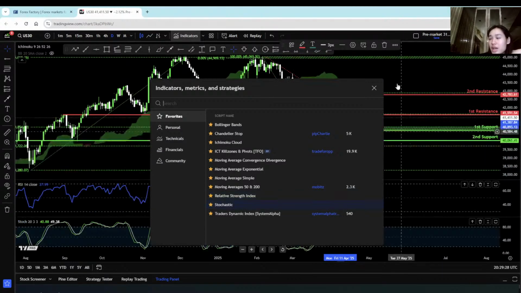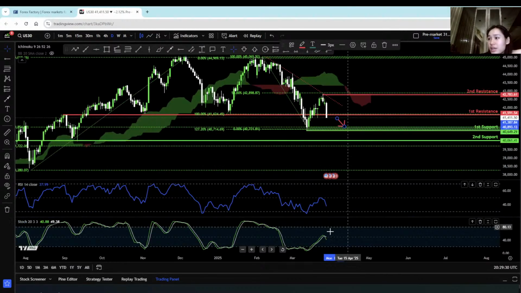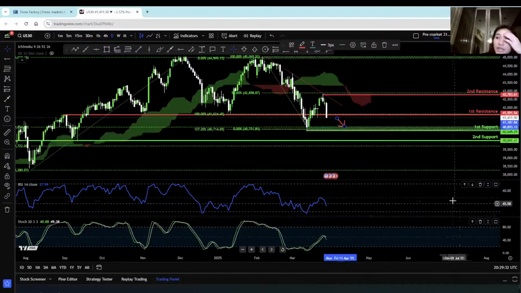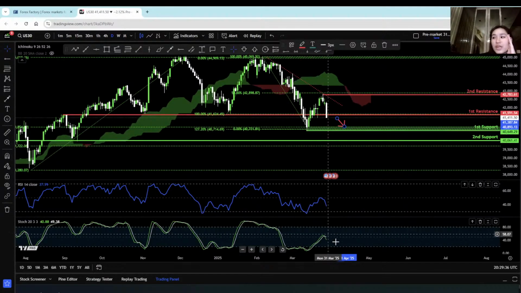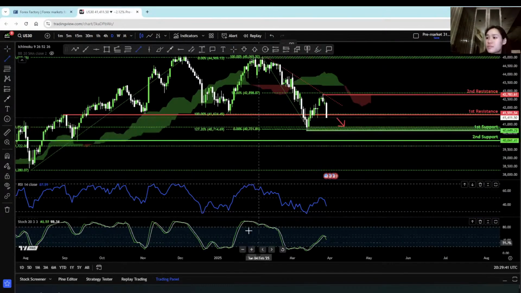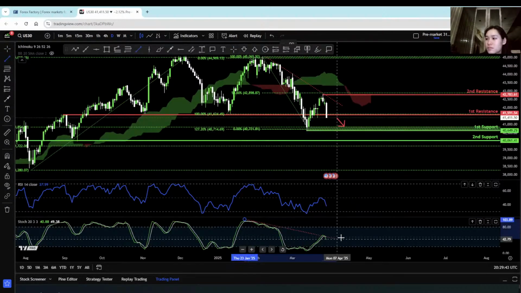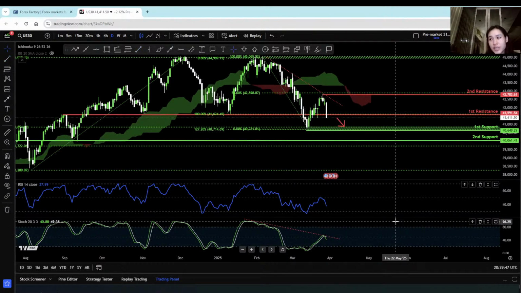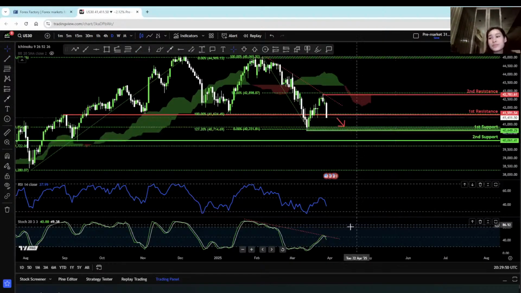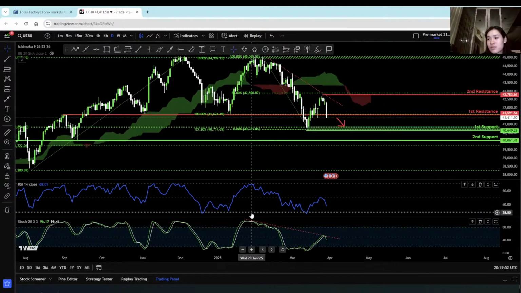Let's look at RSI and stochastic. Okay, we definitely see the indicators giving us quite a bearish signal. They are moving downwards as well. And stochastic is giving us a descending trend line as well.